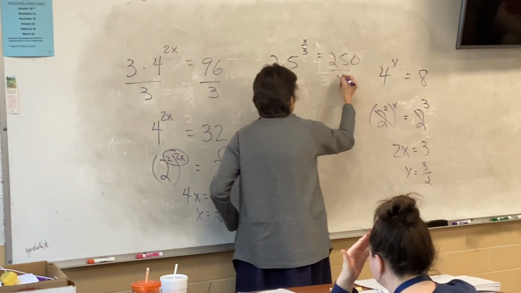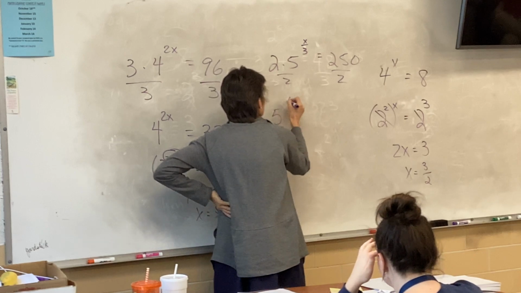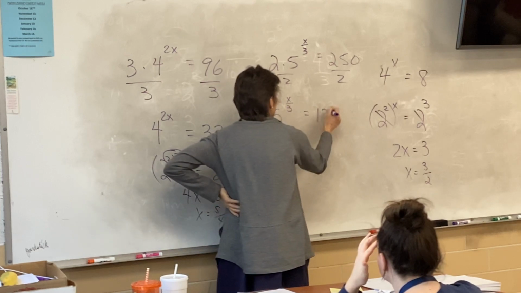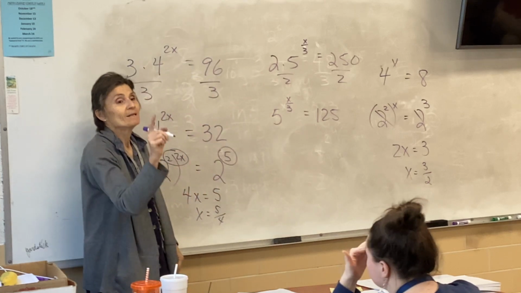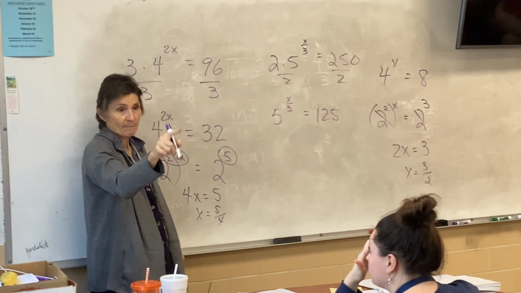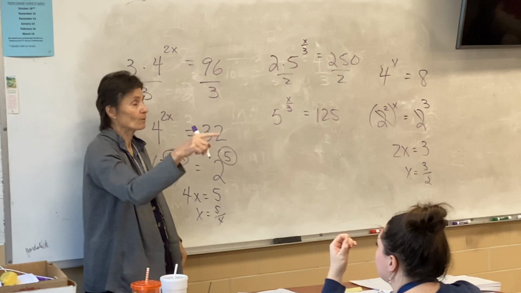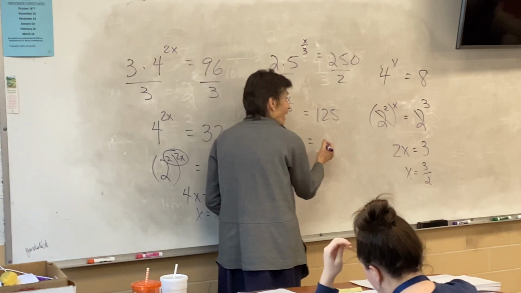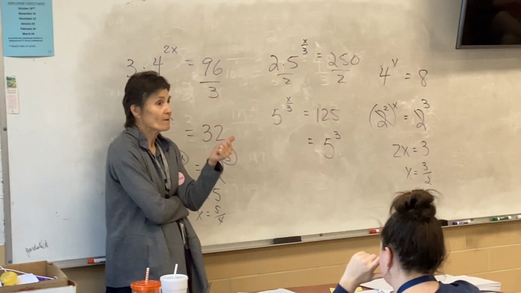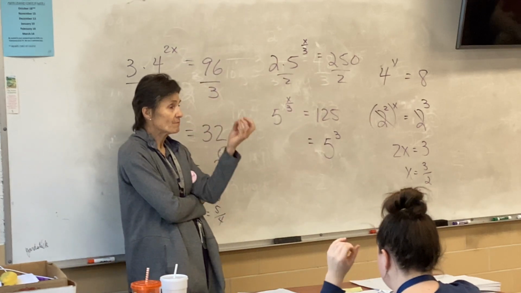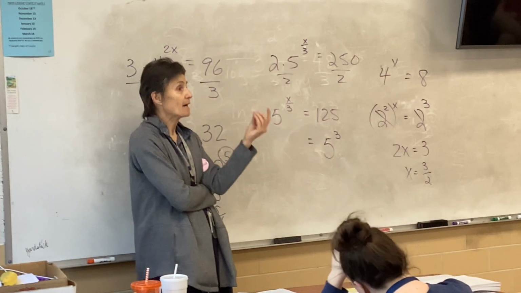So divide by 2. So 5 to the x over 3 equals 125. Scout maybe already knew or just figured out that 125 is 5 to the 3rd power. 125 is 5 times 5 times 5.